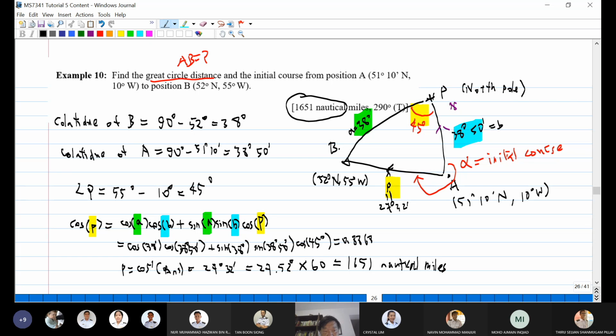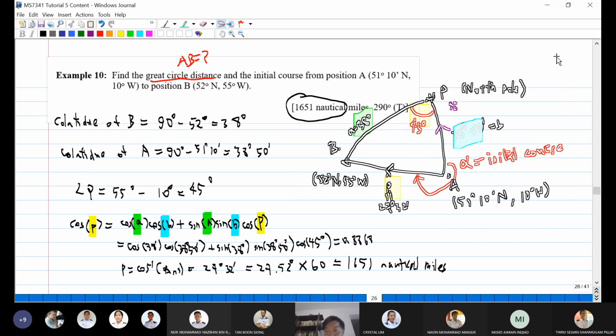Okay, now next I want to find the initial course alpha. In this case, I need to find angle A. So let's copy this page here.